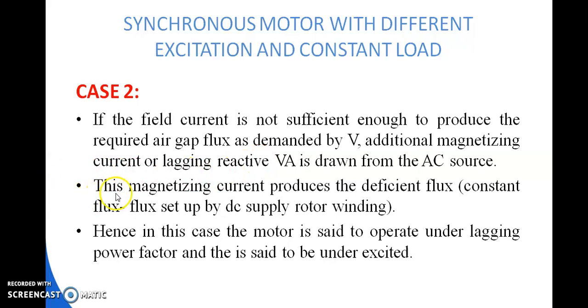This magnetizing current produces the deficient flux, the constant flux otherwise set up by the DC supply to the rotor winding. Hence, in this case, the motor is said to operate at lagging power factor, and it is said to be under excited. This is the case of under excitation.